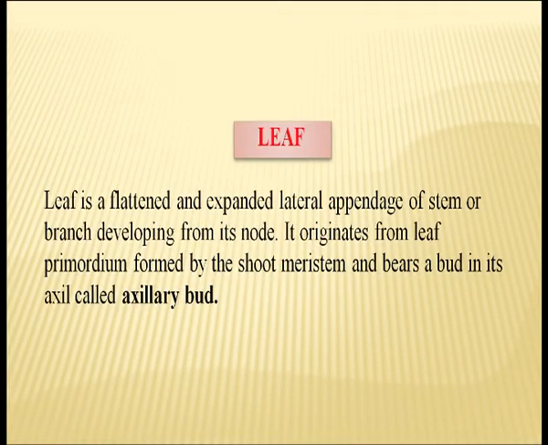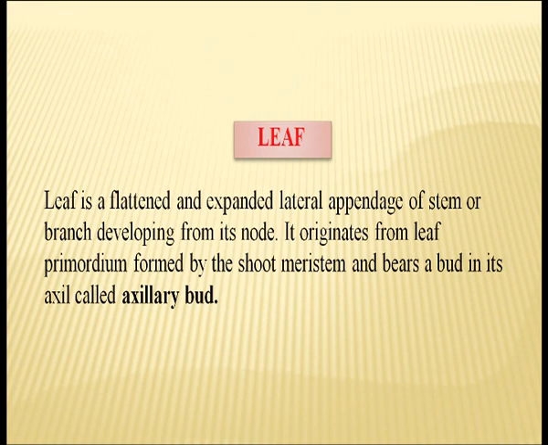So, let us move on to the leaf. Leaf is the flattened and expanded lateral appendage of the stem or the branch which develops from its nodes. We had already discussed what are nodes and what are internodes. So, leaf generally grows on a node.